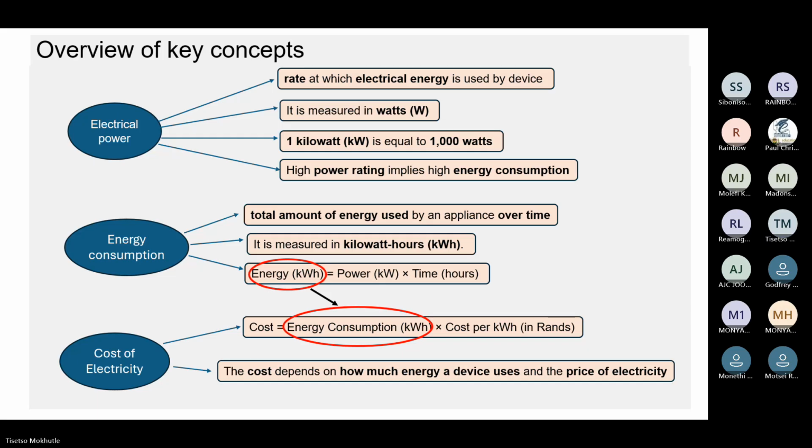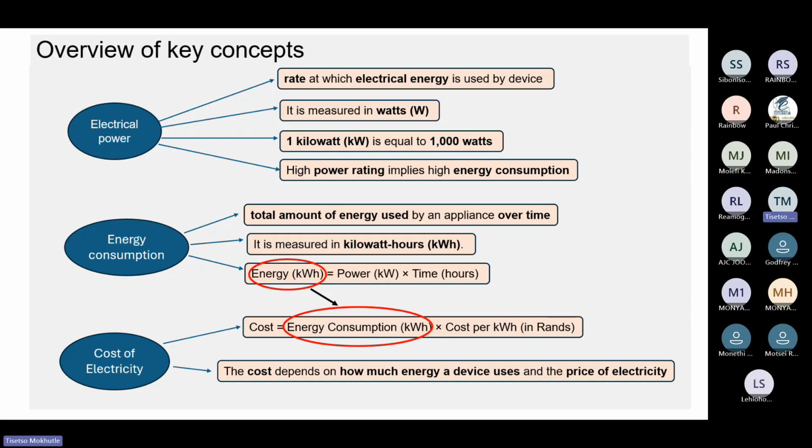by time. What about the cost? The cost can be calculated by energy multiplied by the cost per kilowatt, which is the one that you get from your voucher when you buy electricity. The cost depends on how much energy a device uses and the price of the electricity, you see. If the kilowatt is high, like that of an iron, it will cost more.